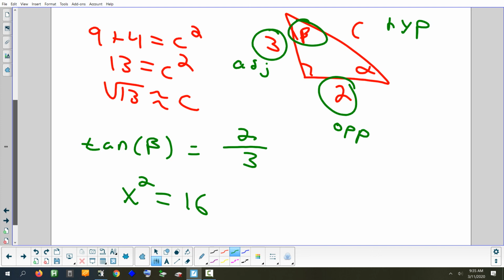Squaring something is a function. It's not like add, subtract, multiply, or divide. Squaring is different than all of those. So the only way to get rid of squaring is with another function that cancels out squaring, and that's square rooting. So we've got to do the same thing here. We need to cancel out tangent. What would be the function that we could use that would cancel out tangent?